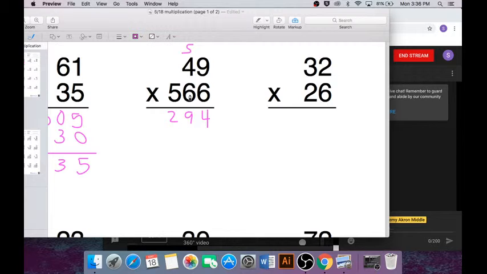Now we're going to move over to this 6. We're going to put a 0 to hold our place. 6 times 9 is 54, so we're going to put down the 4, carry the 5. 6 times 4 is 24, plus 5 is 29.